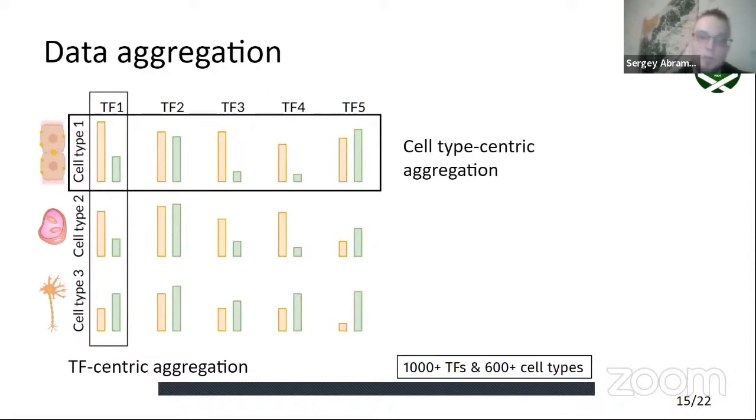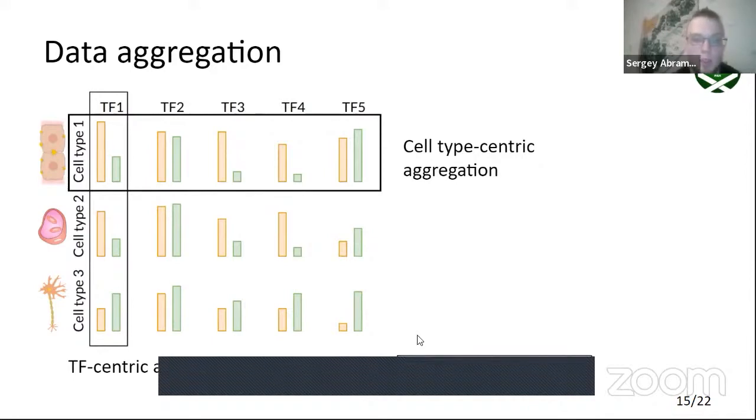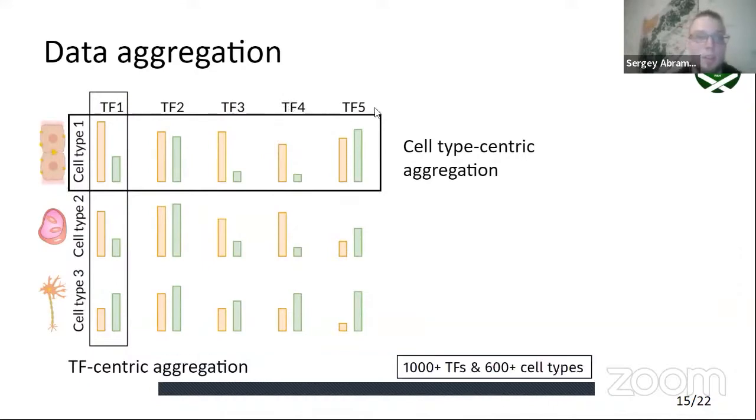In our study, we had more than 1,000 transcription factors and more than 600 cell types. So it means that this matrix is more than 1,000 by 600. But the matrix is pretty sparse, and we have a median of 10 transcription factors per cell type.